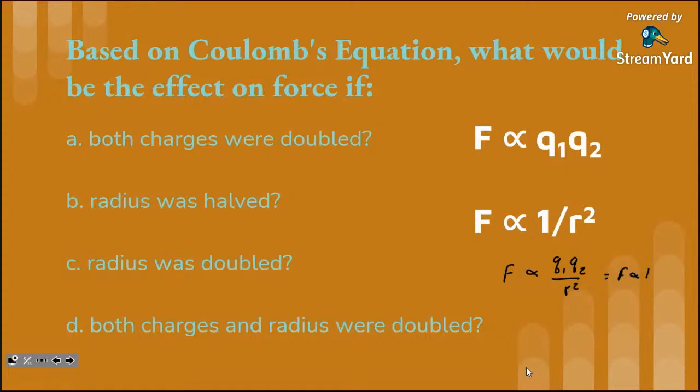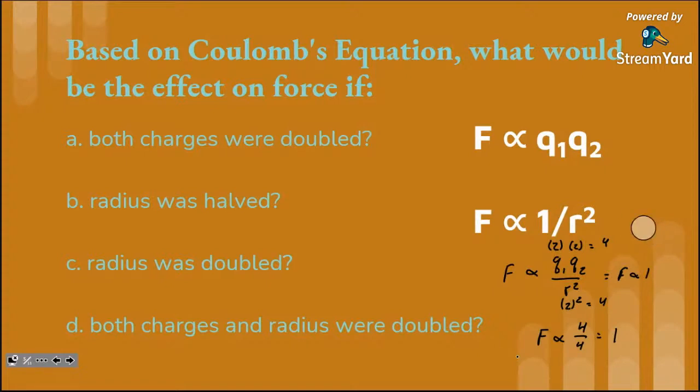But now then, I'm going to double both charges. So that goes to a charge of 2, a charge of 2. Radius gets doubled. So that's now 2 squared. So I have 4 and 4, which means force would be proportional to 4 over 4, or in other words, 1. So if I double both the charges and I double the radius, I actually find that force doesn't change at all.